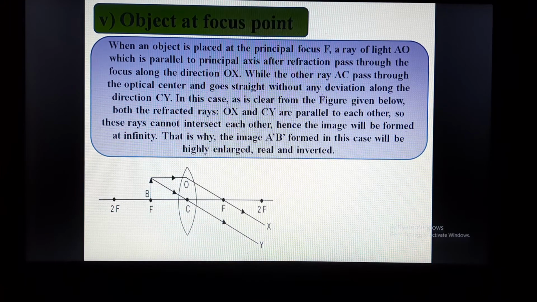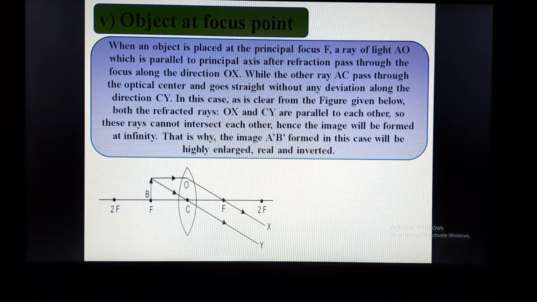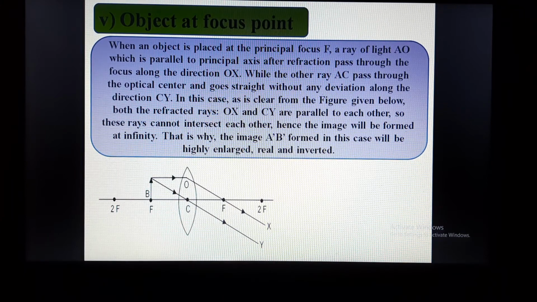In this case, as is clear from the figure, both the refracted rays OX and CY are parallel to each other. So these rays cannot intersect each other.